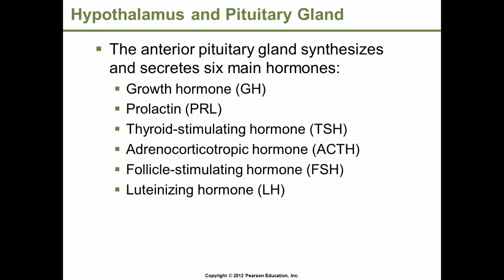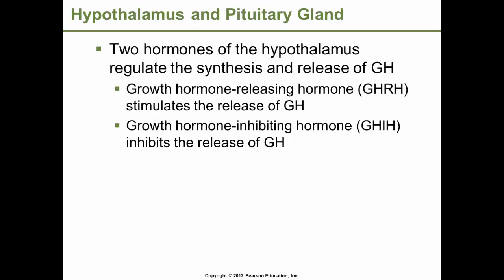Just to recap, the anterior pituitary gland secretes 6 main hormones: growth hormone, prolactin, thyroid stimulating hormone, adrenocorticotropic hormone, follicle stimulating hormone, and luteinizing hormone, which we'll be looking at further. 2 hormones of the hypothalamus regulate the synthesis and release of growth hormone, abbreviated GH.